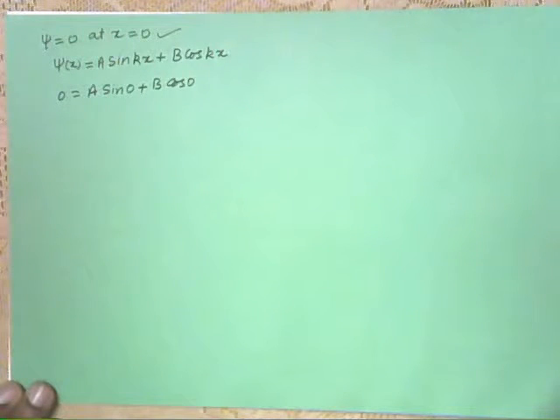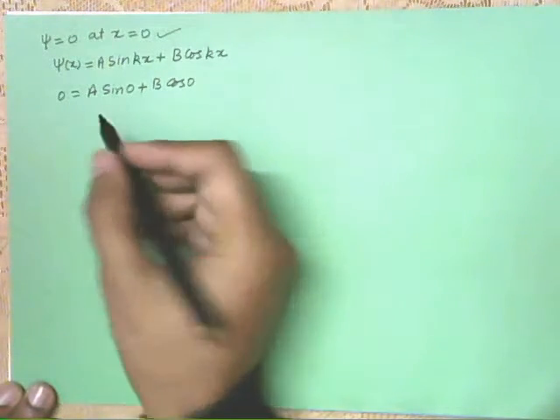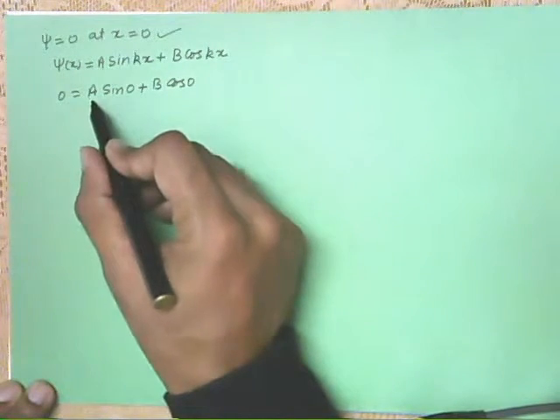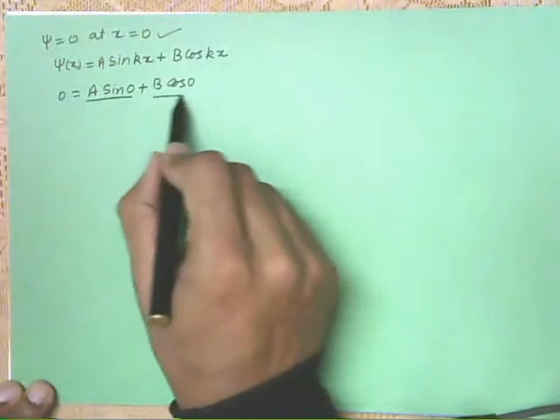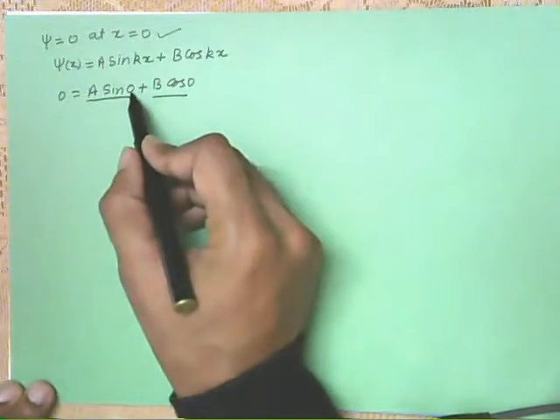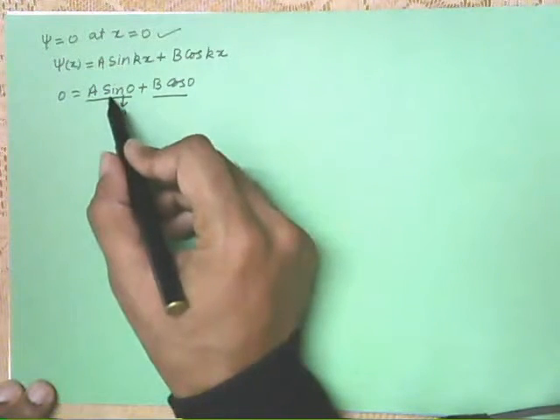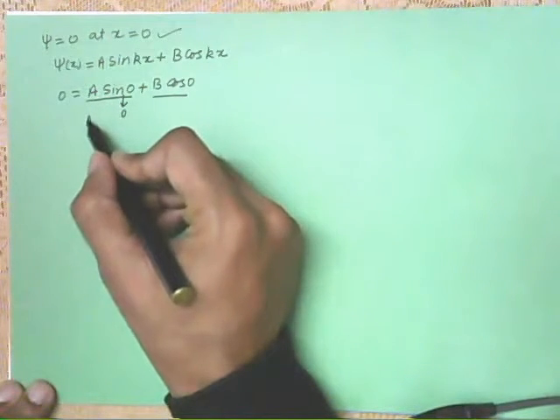Now from this equation we can conclude that the sum of these two terms is equal to 0. Here sin 0 is equal to 0, so it means A need not be 0.